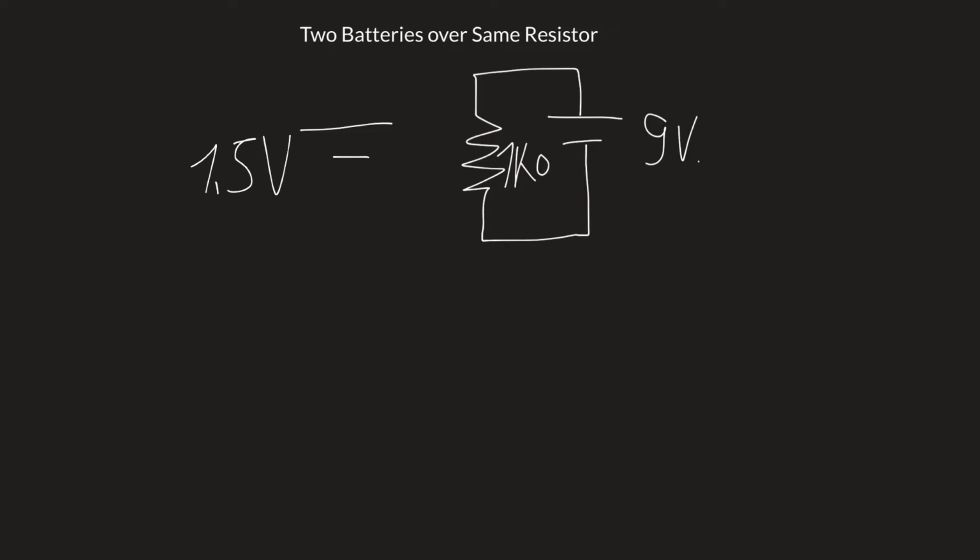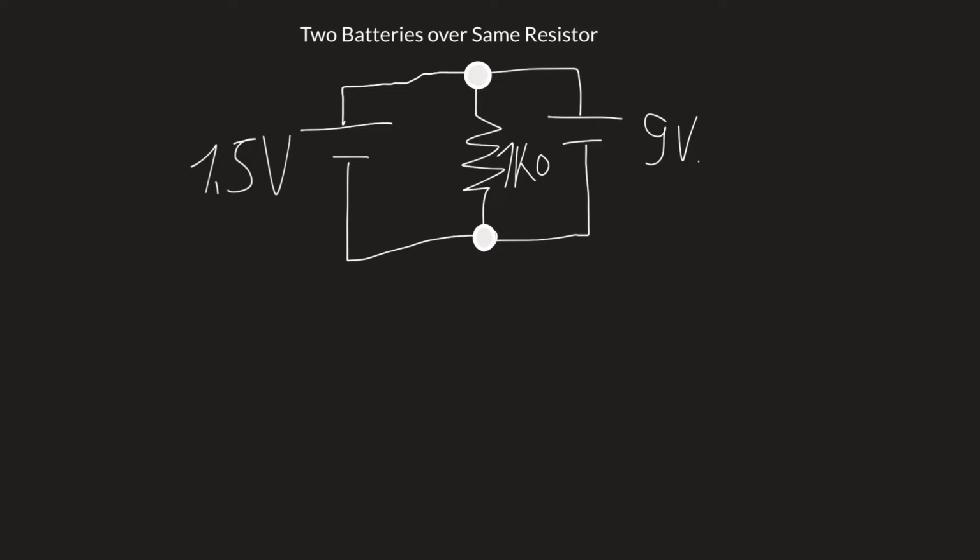And what if we connected this in the same direction as the 9 volts? So we do it here like this, and then like this. So let's connect it here and here. And what is happening now?